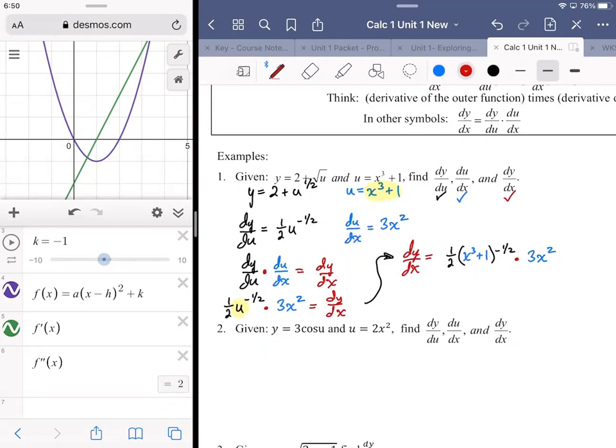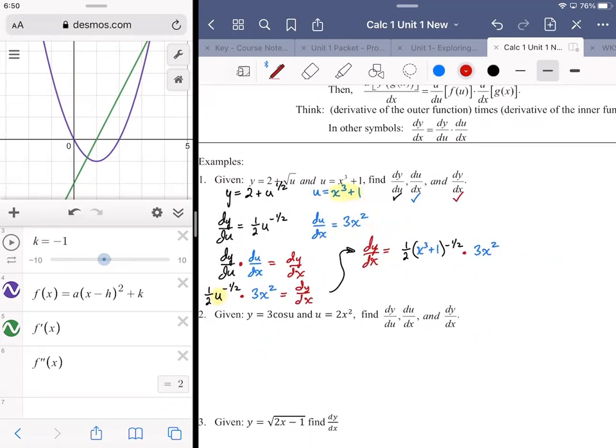So we were originally given y equals 2 plus root u. We were also given u being equal to x cubed plus 1. That's what they gave us.